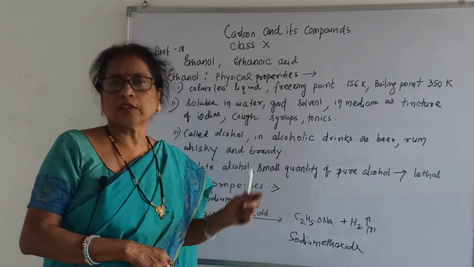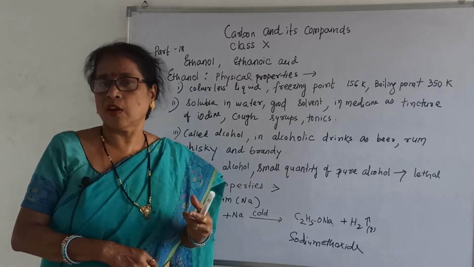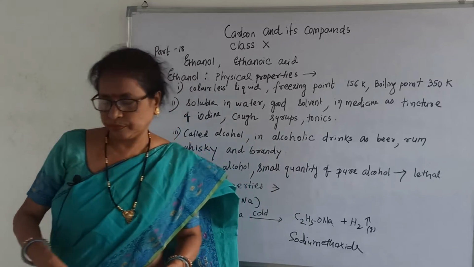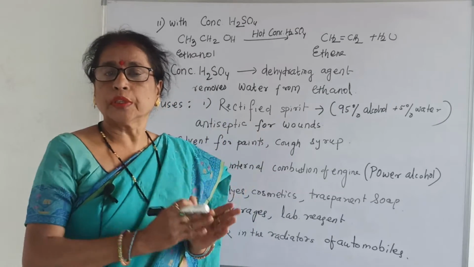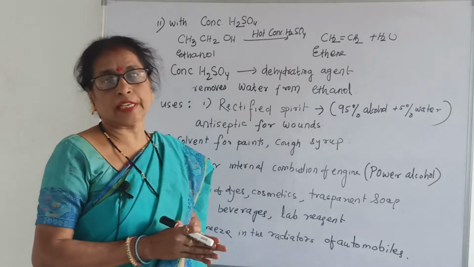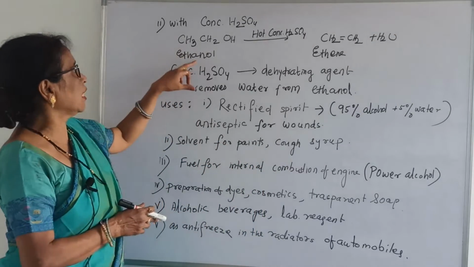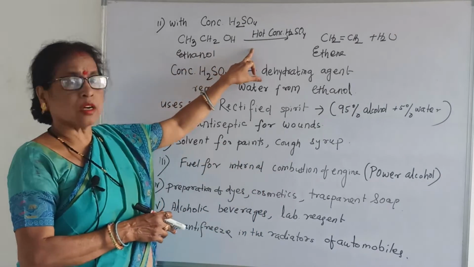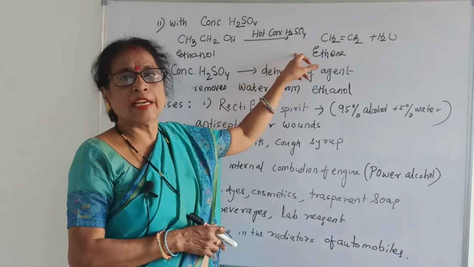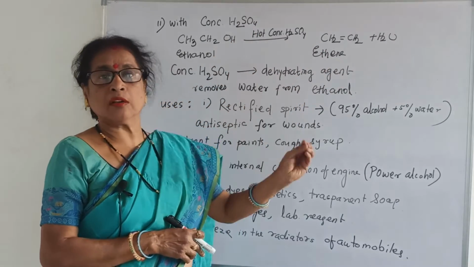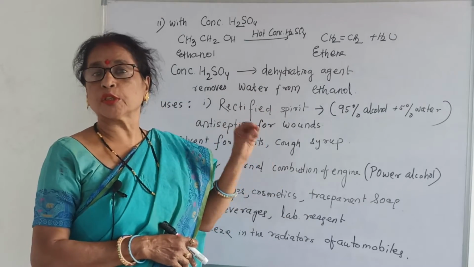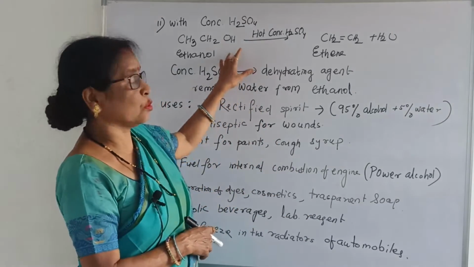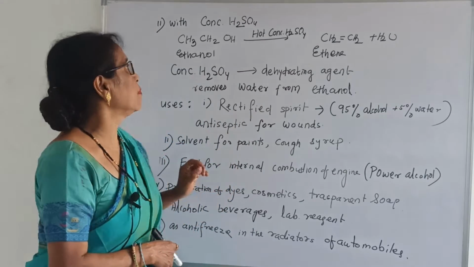Now we will see other properties, like the reaction with sulfuric acid. Now we will see the reaction of ethanol with hot concentrated sulfuric acid. This is alcohol, the name is ethanol. With hot concentrated sulfuric acid, it gives ethene. That means alcohol changes to alkene. In higher classes also this reaction is very important.